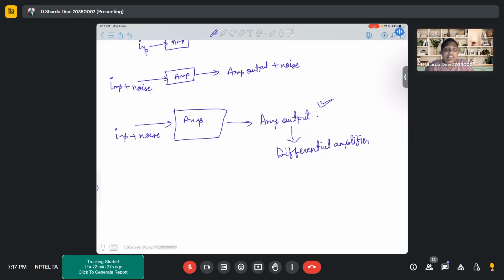But how does it eliminate noise? That is my question. It is simply giving you the difference between two signals. The common noise being cancelled, and that difference is amplified.